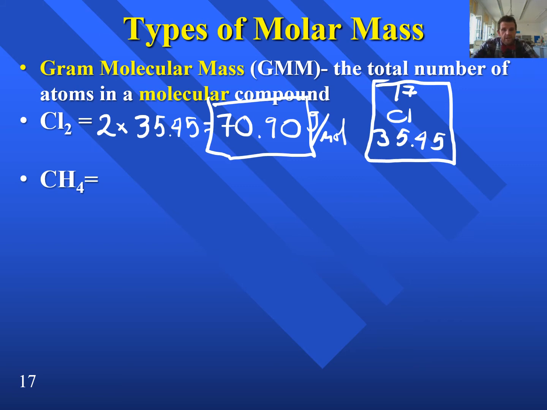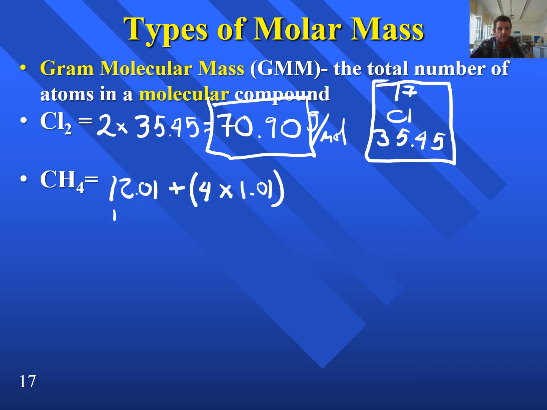If we were doing CH4, you would just do the carbon, which is 12.01, and then you would add the 4 hydrogens, so 4 times 1.01.